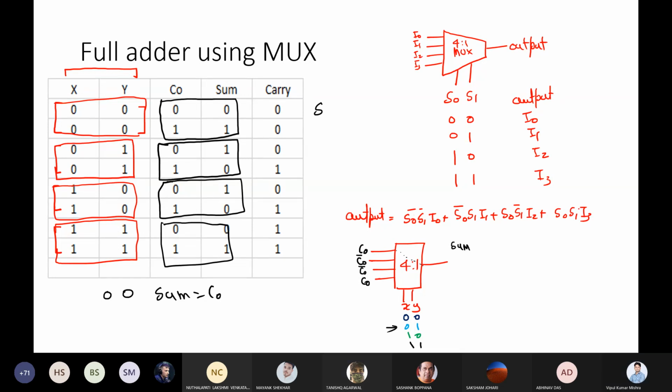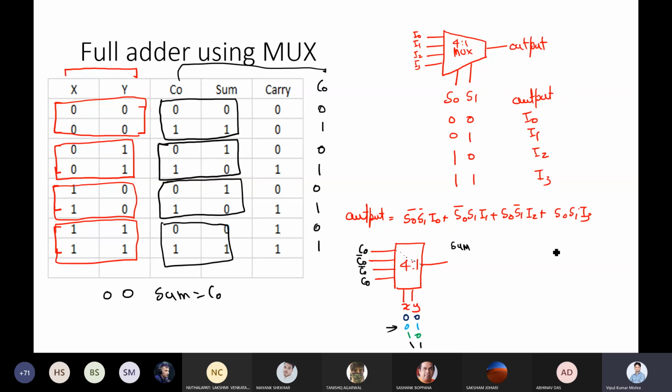Yes, sir. Got it? Now to remove this, I am repeating the C0 value here to just produce C0: 0, 1, 0, 1, 0, 1, 0, 1.